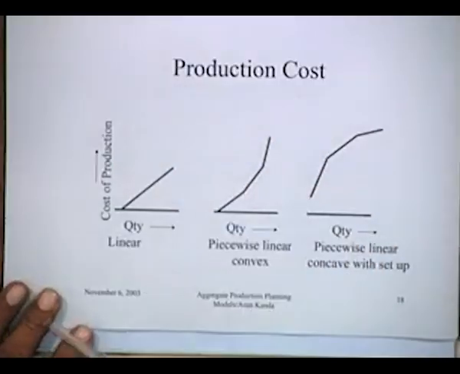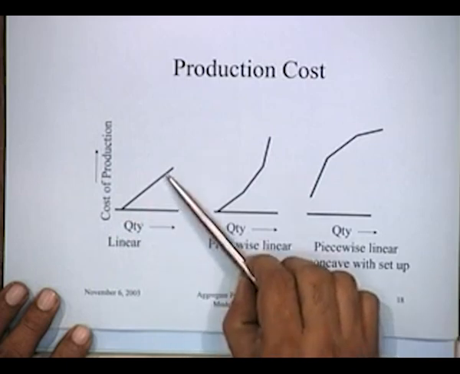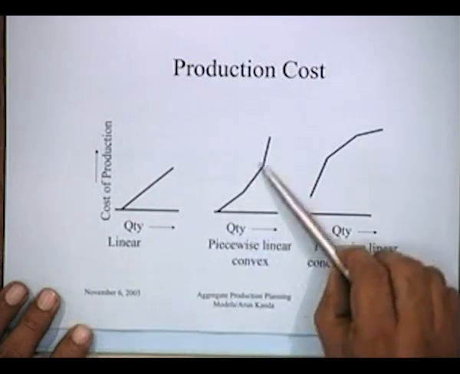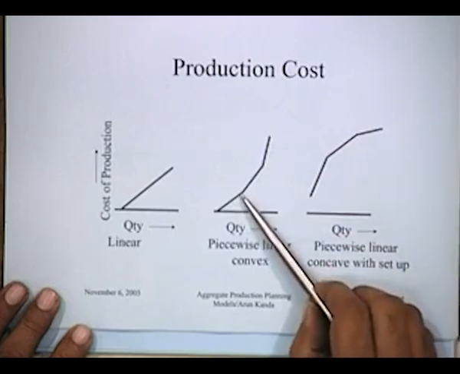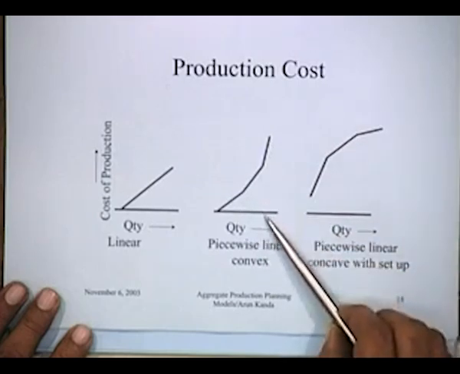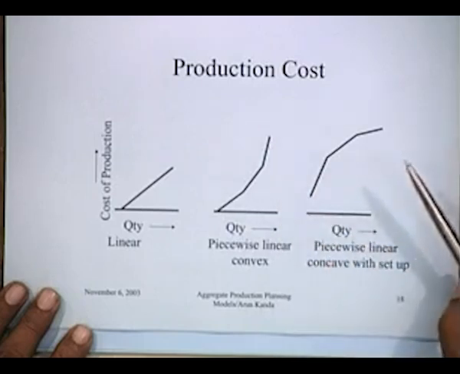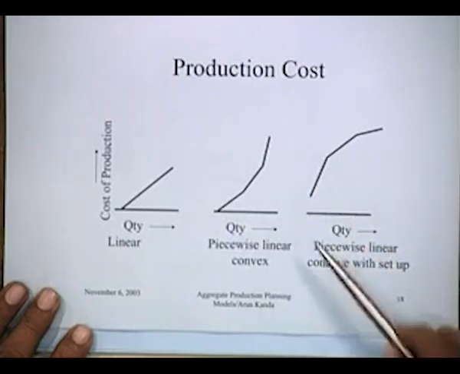So in fact, look at the variation of production costs if the cost of production is linear. If the cost of production is piecewise linear, but is like this. This is like regular time production, overtime production and subcontracting. Typically the cost would be going up. But these are now piecewise linear concave with setup.